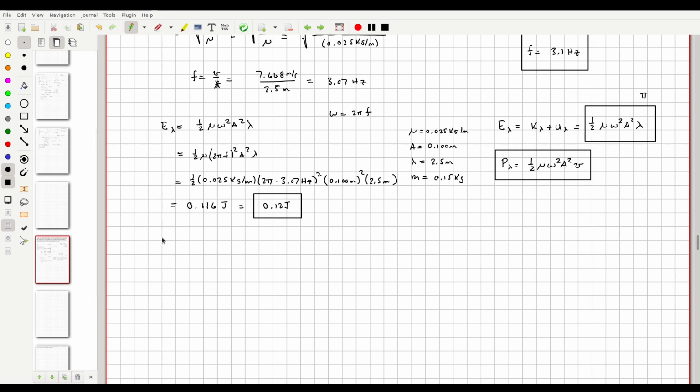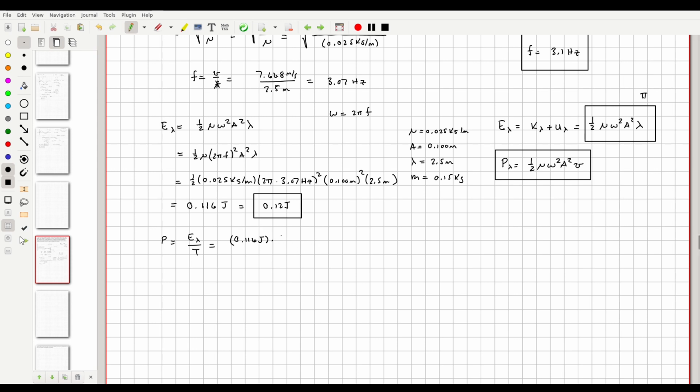Now the power, we could go through this rigmarole right here and do this long thing again. Or again, just note the fact that the power is the energy over the period, since it's one period for that whole thing, which would be 0.116 joules times the frequency.